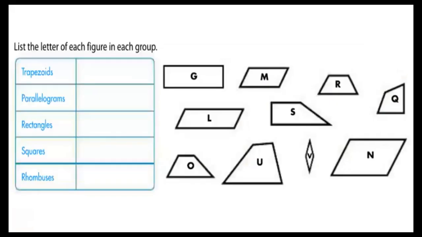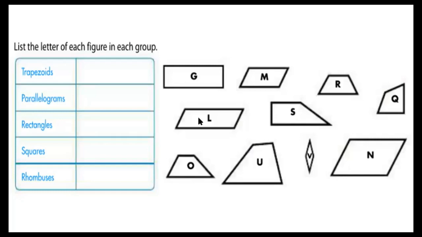As you see in the page, there are about 10 shapes in front of you, each one labeled by a capital letter. They are represented by G, M, R, Q, S, L, U, V, N, O. You are going to fill the table according to what? According to the required point inside the table.